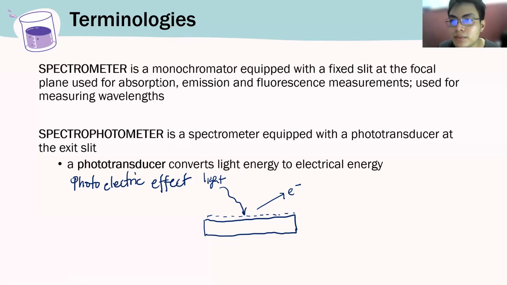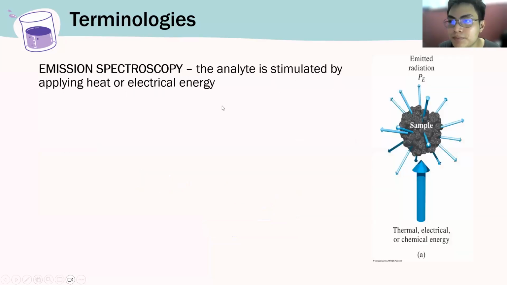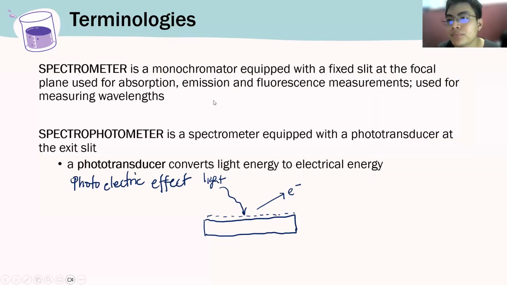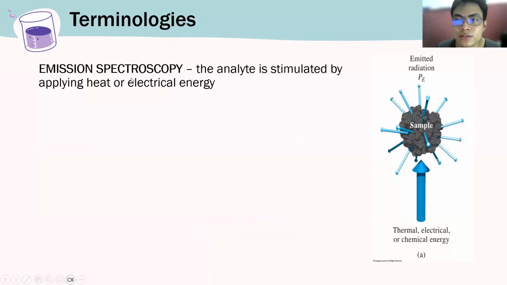What else? Ano pa yung mga concepts? Ito na. So, spectroscopy. Alam niyo naman yung idea na dyan, na pag may OP, meaning yan ay study. So, spectroscopy is the study of light interaction with matter.